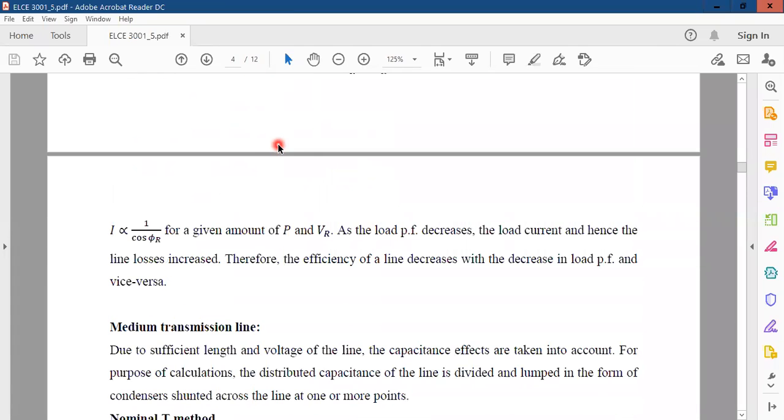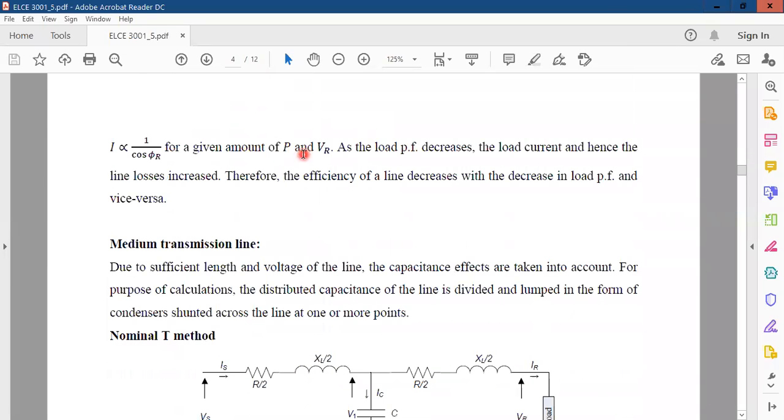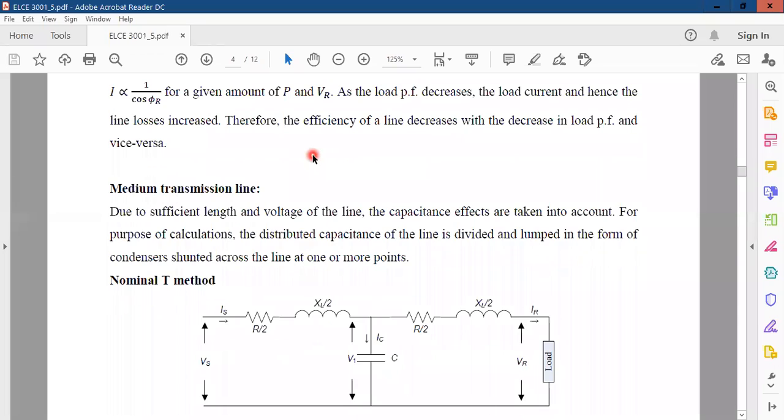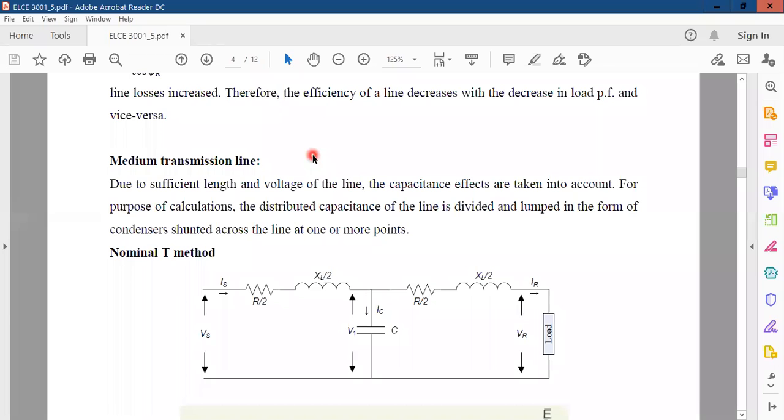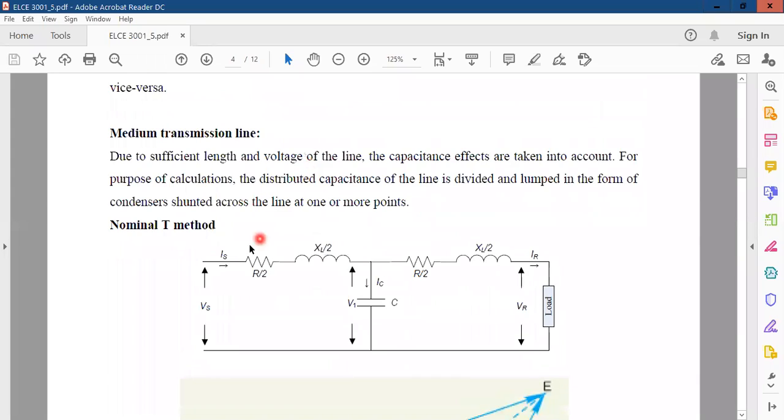Okay. Now, in medium transmission line, we have two methods to analyze our circuit. We have two methods that we are going to study, only those two methods for medium transmission line. It's called the nominal T method, and the other method is called the pi method. Okay, now this is the nominal T method.